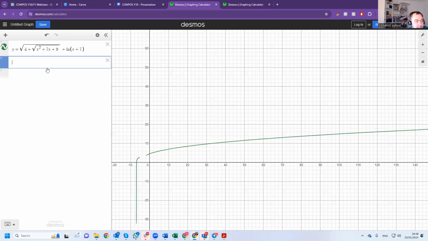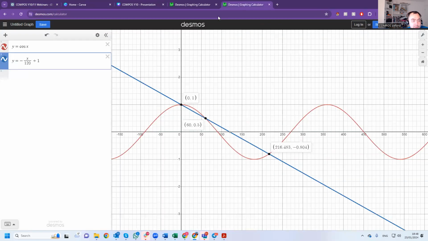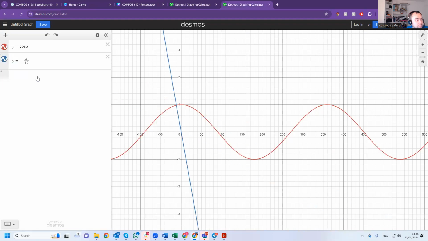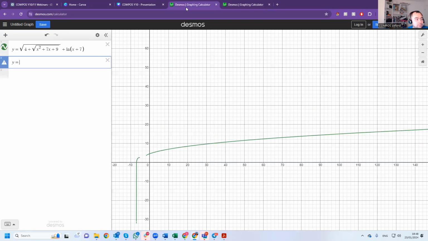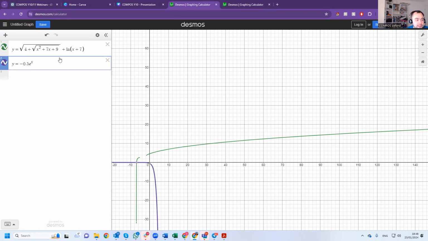Okay, and then the other one was y is equal to minus 1/2 e to the power x, so minus 0.5 e to the power x.